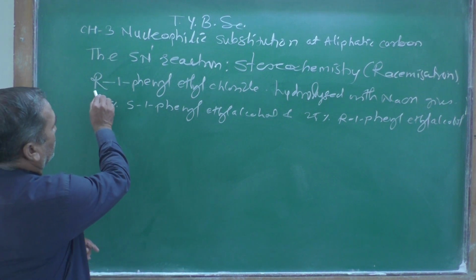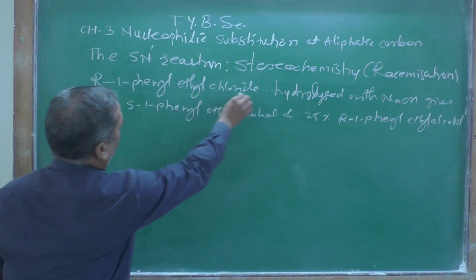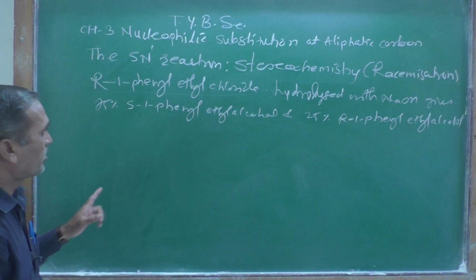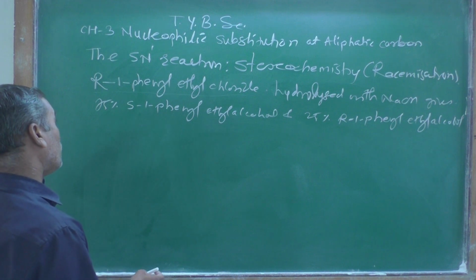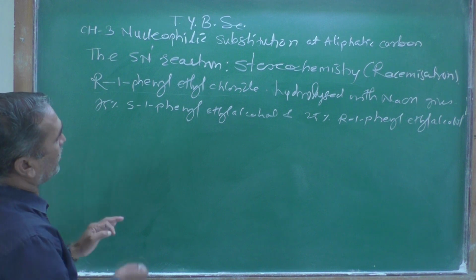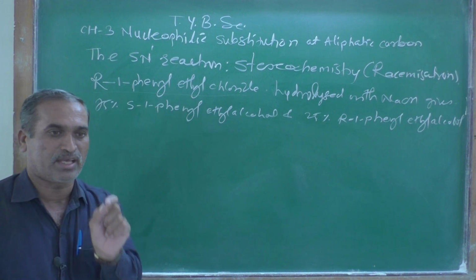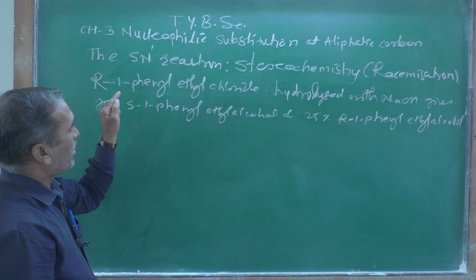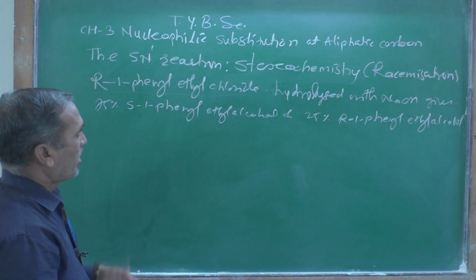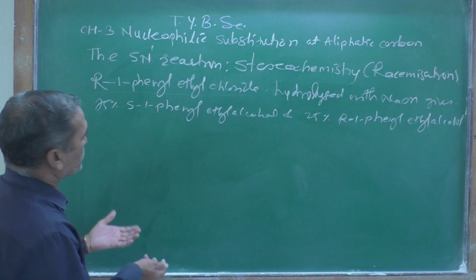Now, most of you might know the structure of R-1-phenyl ethyl chloride, right? 1-Phenyl ethyl chloride indicates there are two carbon atoms. At one position a phenyl group is present, and at the other end chloride is present.